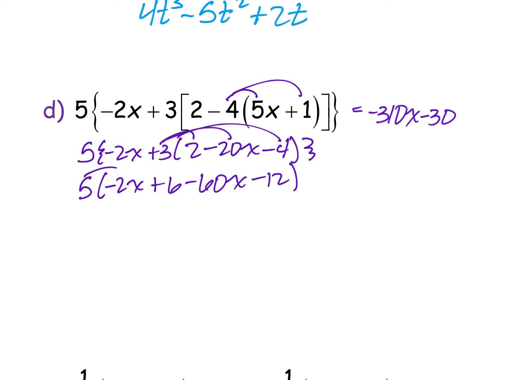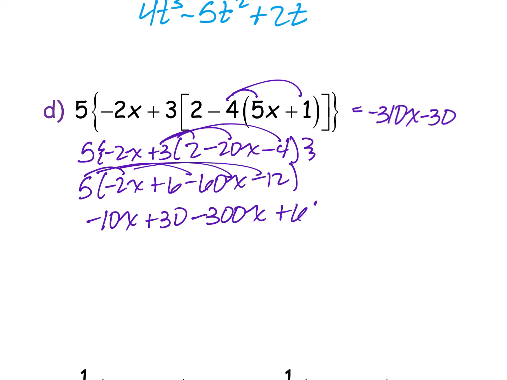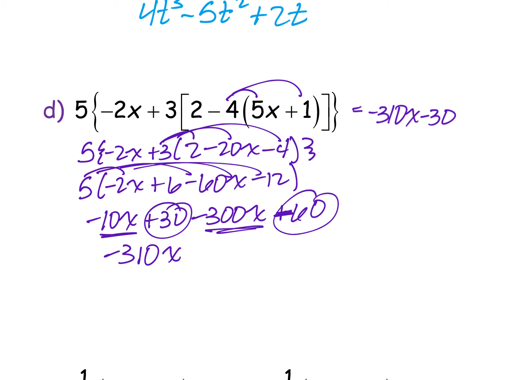Distribute the 5 through. And I get negative 10x plus 30 minus 300x plus 60. So I get negative 310x, right? This one and this one. And then my like term, oh, this is negative 60. Minus 30. Oh, it's gonna be a long year of math.